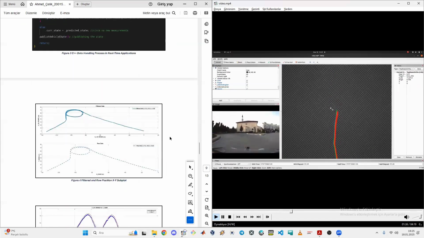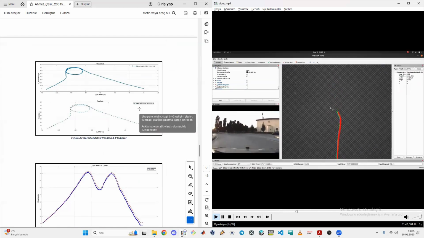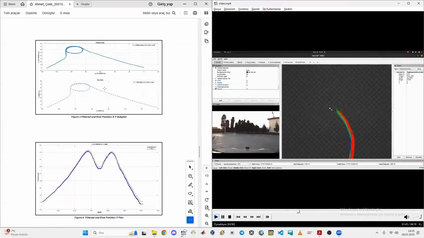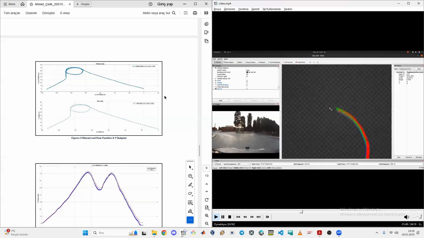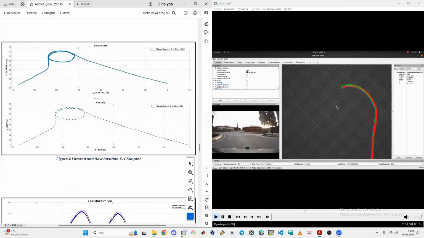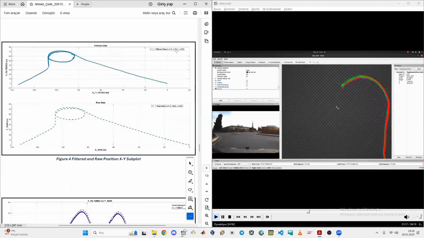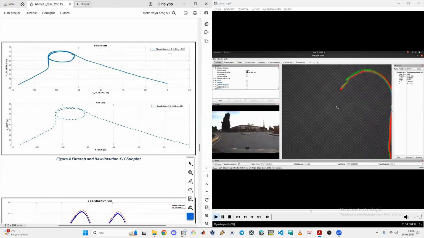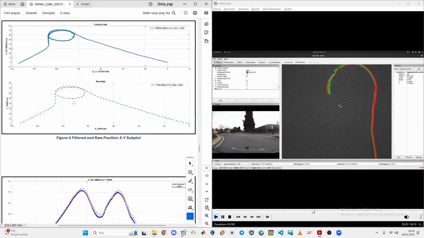These are the results that are plotted using MATLAB M functions. The first plot is the filtered data, and these are the parameters of the unscented Kalman filter: alpha is 1, kappa and gamma is 2. This is the raw data.